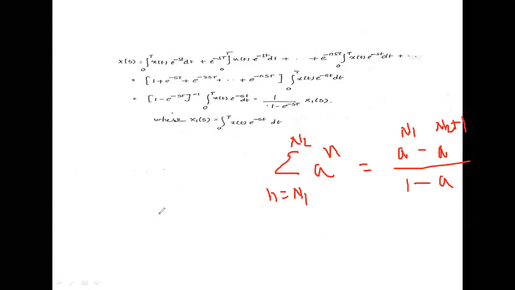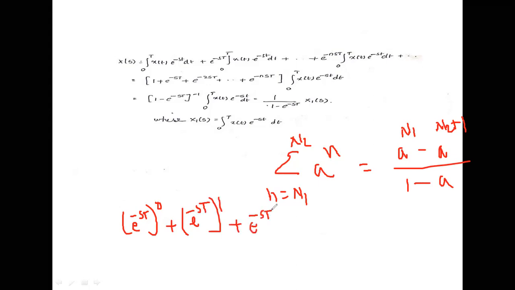After expanding this function, I'm writing e power minus sT whole power 0, plus e power minus sT whole power 1, plus e power minus sT whole square, and so on.